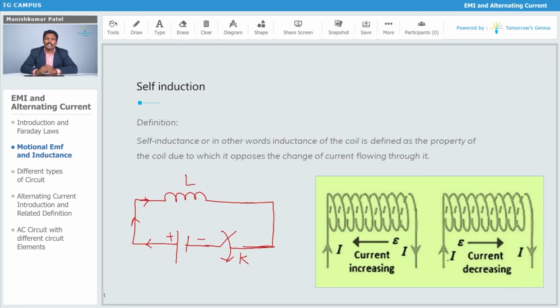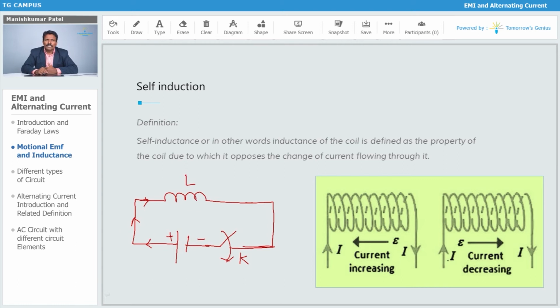Now, one interesting thing: we have seen Lenz's law, and according to Lenz's law the direction of the induced EMF will act in such a way that it will oppose the cause. What is the cause? The cause is that I switched on and the current starts to flow.